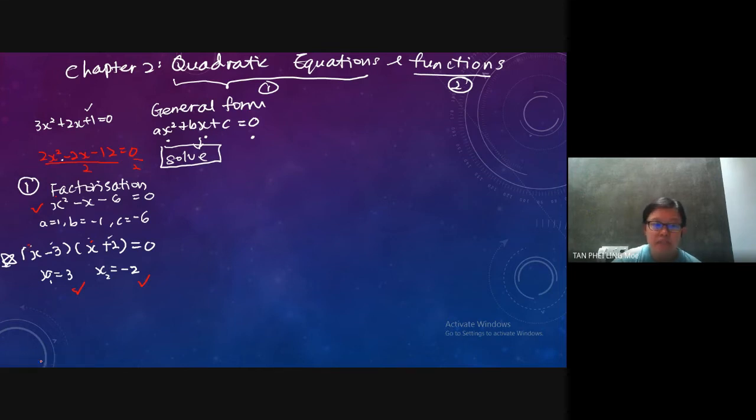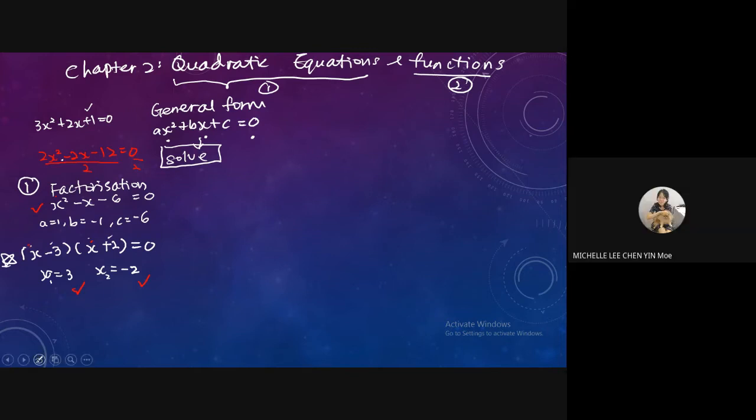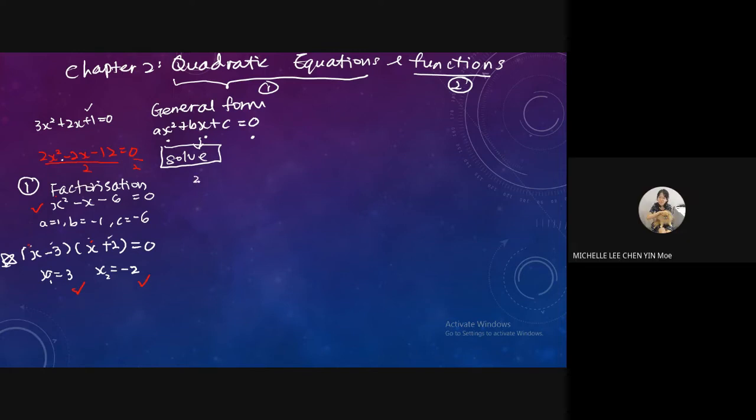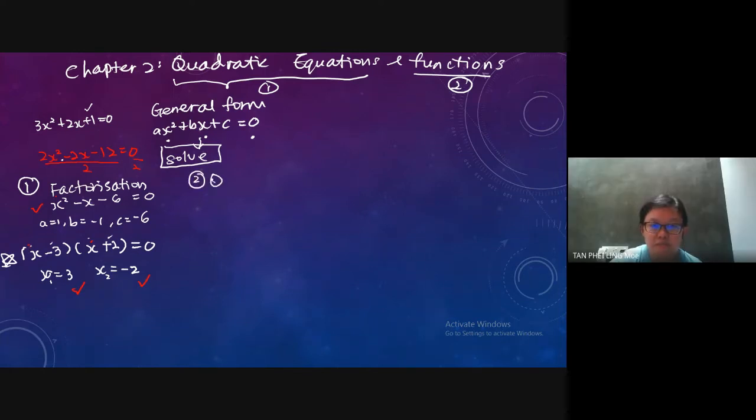Who can tell me what is the second method that you use to solve? Quadratic formula. Very good. I can hear there's Michelle, is it? Okay, quadratic formula. So can anybody name me the quadratic formula? The quadratic formula is not given.